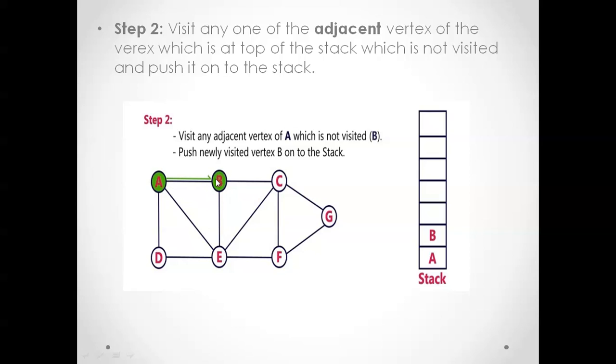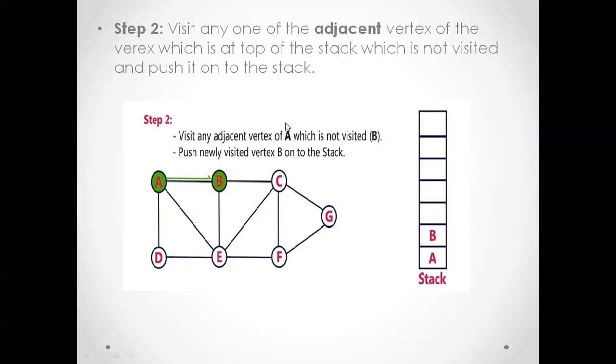B is not visited, so we visit it, and whenever you visit a newly visited node, we need to push it into the stack, at the top of the stack. Already we know that operations in the stack are done using the top: the push operation is done on the top and the pop operation is also done on the top.